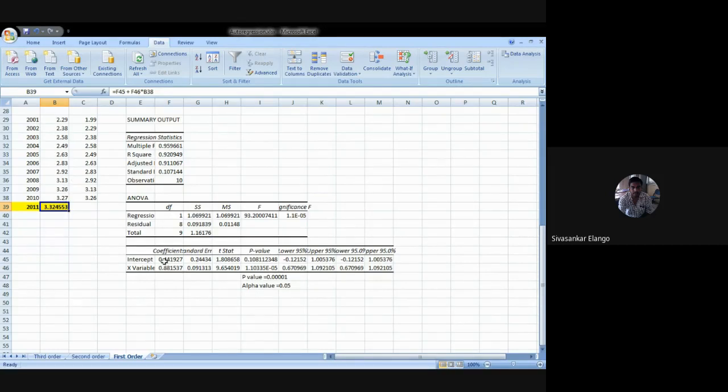So it's F45 plus F46 times D38, and I get a result of 3.32. This is the sales in million units predicted for the year 2011 using auto regression, right?